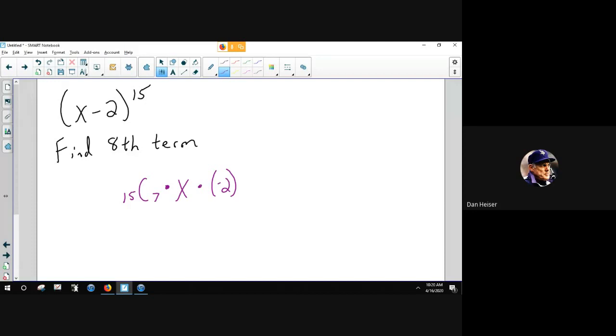Well, -2 will be to the 7th because it has to match this value right here. I have 15 powers total. -2 gets 7 of those. x will get 8 of those.